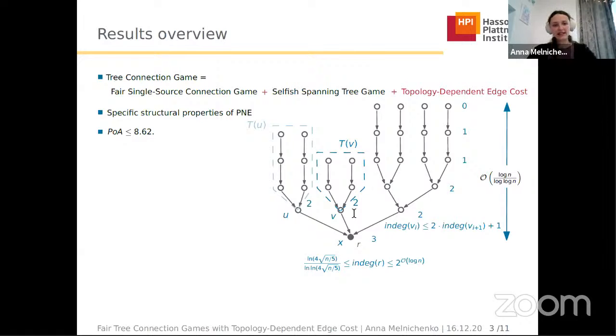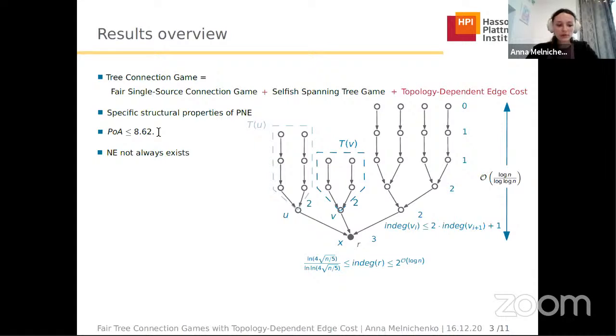Another interesting result is a constant price of anarchy, which means that the network obtained by this decentralized strategic behavior is actually efficient in comparison with a network designed by some central authority. The social cost of any stable network is at most 8.6 times the social cost of the optimum.